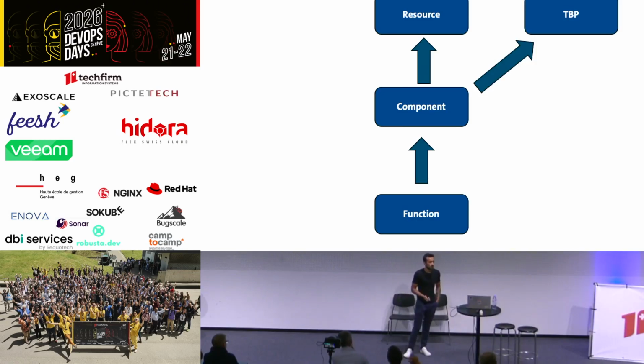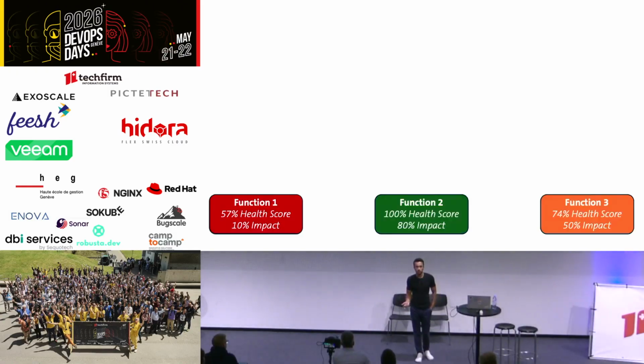And now we have a health score for the function at the bottom. Usually there are many functions for a single component. So imagine you have 3 functions. Each one has a health score based on different anomalies, all right? And we have a way of computing the impact, because if you have a single microservice, not every function is as relevant as each other.